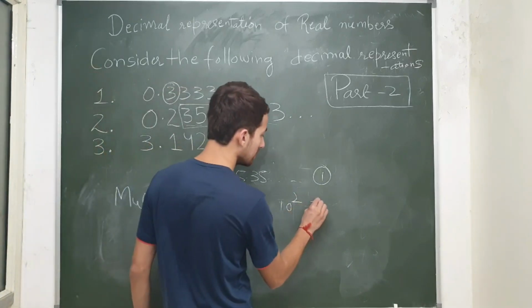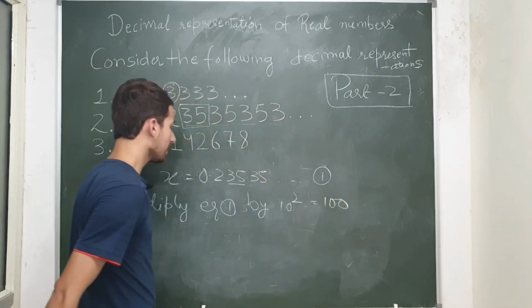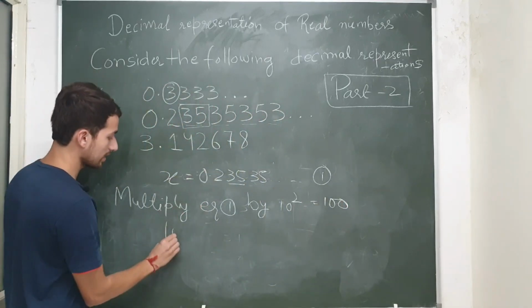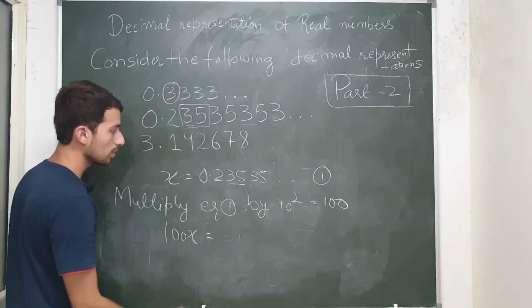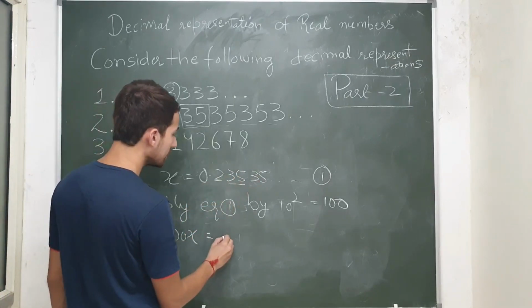So it is simply 100. Multiplying on both sides, 100x equals, if I multiply it by 100, what do we get?